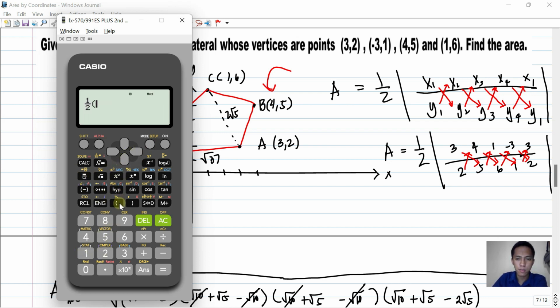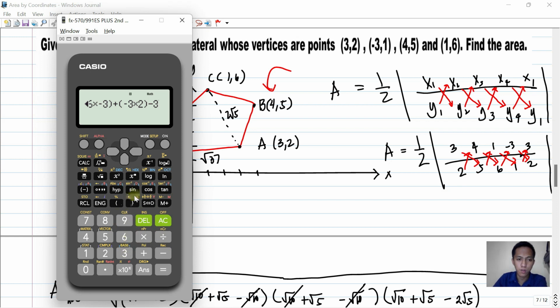So 1/2 times the quantity 3 times 5, minus 2 times 4, plus 4 times 6, minus 5 times 1, so that's just 5, plus 1 times 1, so that is just 1, minus 6 times negative 3, plus negative 3 times 2, minus 1 times 3, so that's just 3.